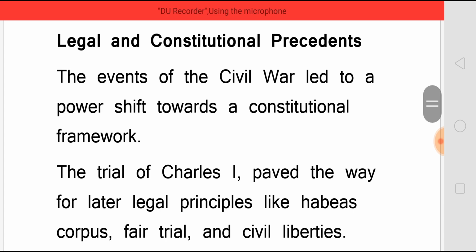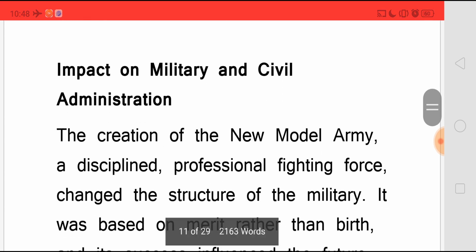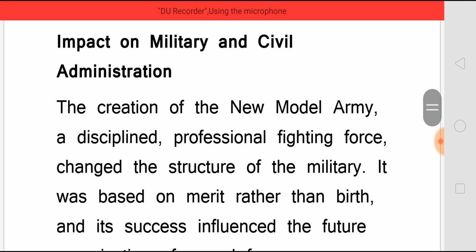And it also formed legal and constitutional precedents. The events of the Civil War led to a power shift towards a constitutional framework. The trial of Charles I paved the way for later legal principles like habeas corpus, fair trial, and civil liberties. And it also had an impact on military and civil administration. The creation of the New Model Army, which was a disciplined and professional fighting force, changed the structure of the military.